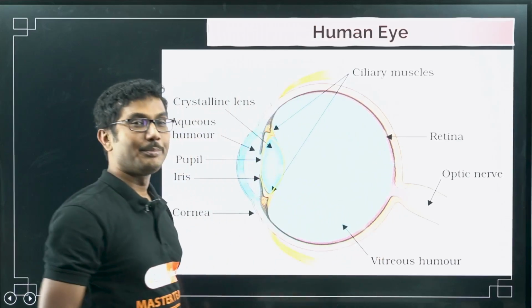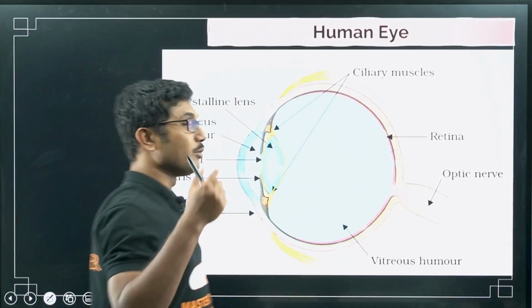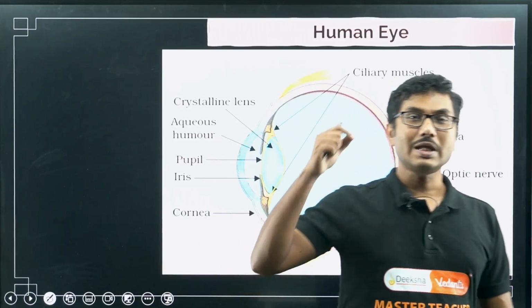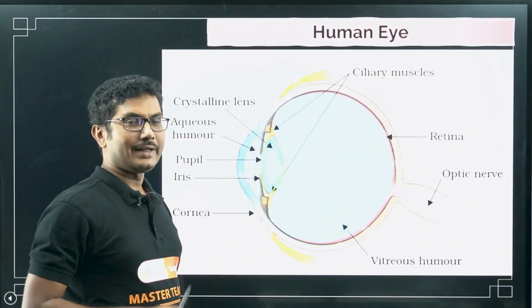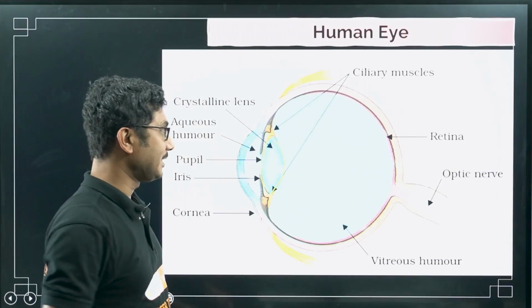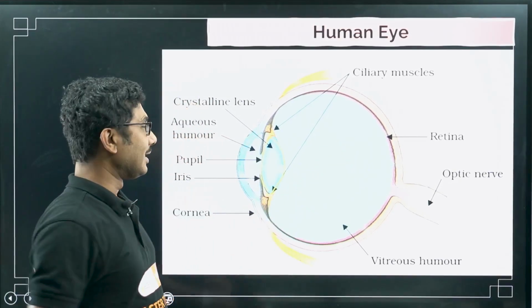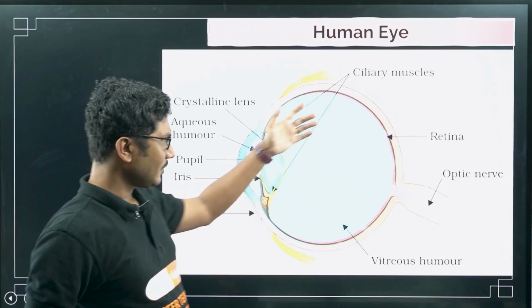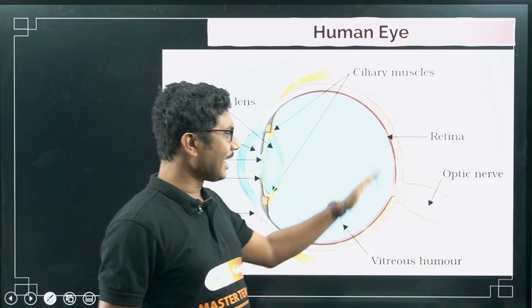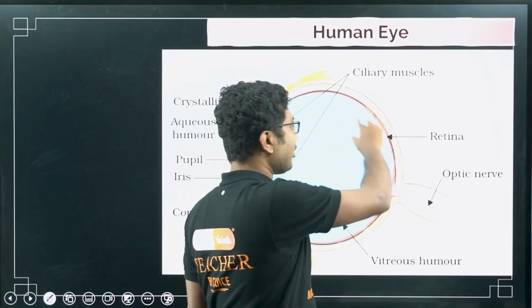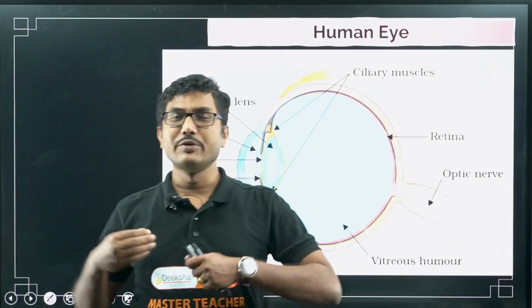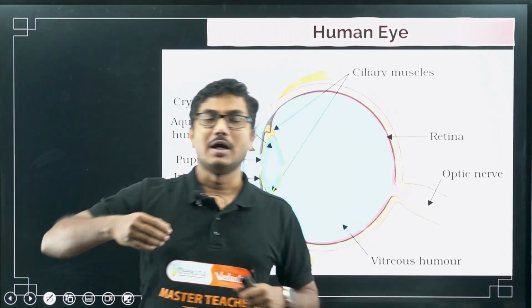Retina is basically a big screen, like when you project a movie in a theater, the screen is where everything is projected. Similarly, the things that you are seeing are projected on this retina, and there we have the optic nerve. That optic nerve carries this information to our brain, and we interpret whatever we are seeing.